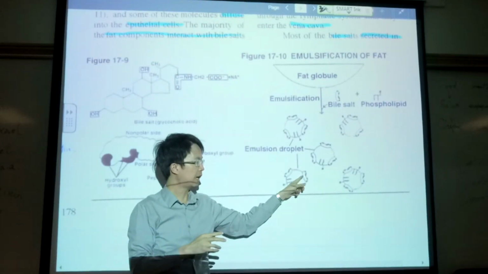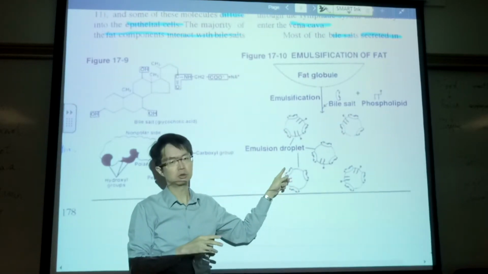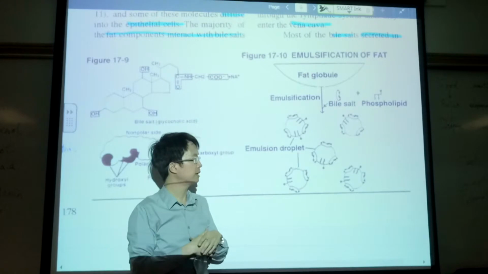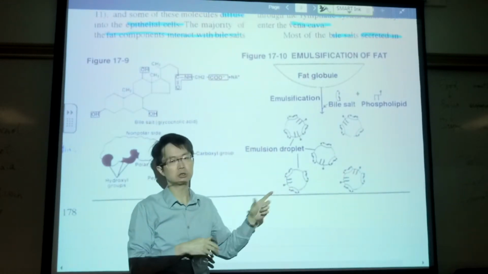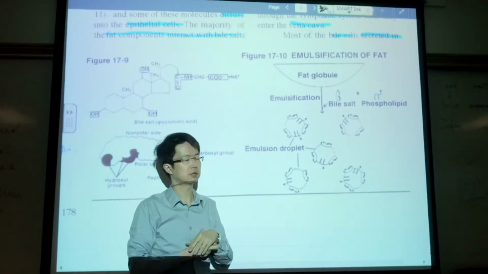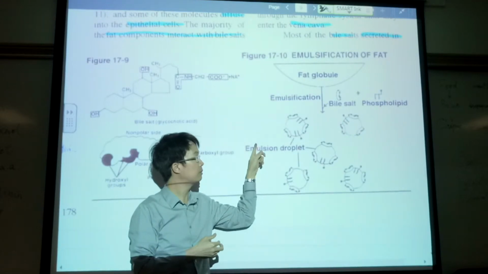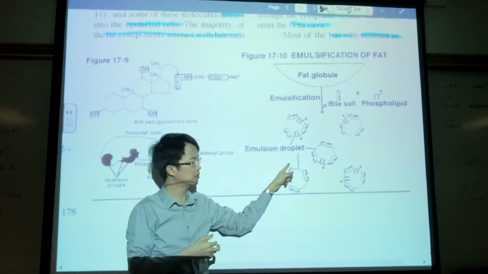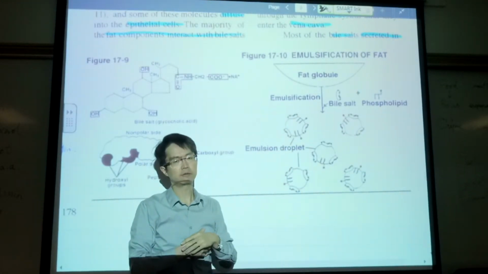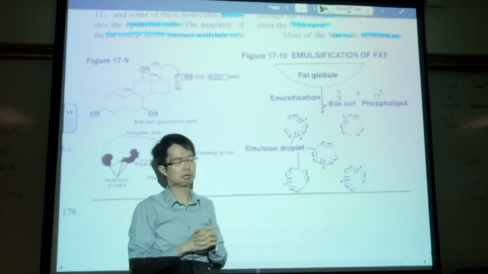It provides a larger surface area for the enzyme lipase to break down the oil droplet into glycerol and fatty acid. So that's the main purpose. The main purpose of emulsification is to increase the surface area of the fat and oil, so that lipase has a larger surface area to break down fat and oil into glycerol and fatty acid.